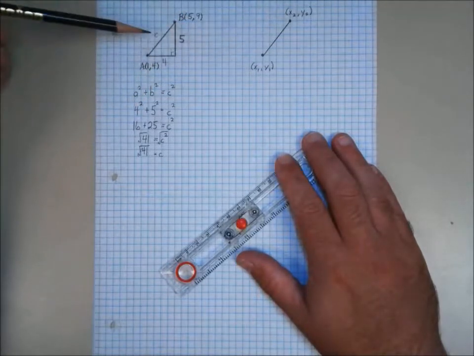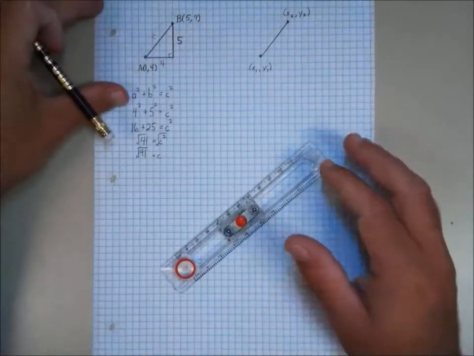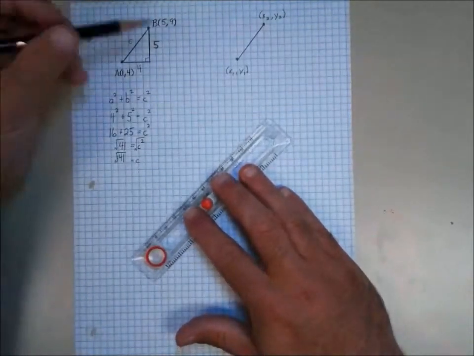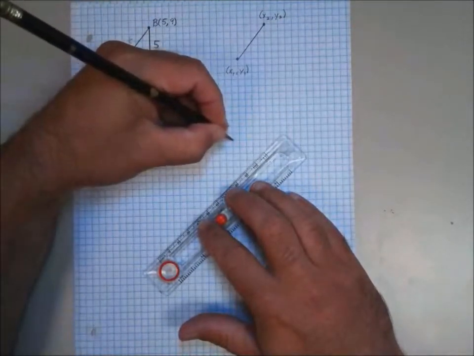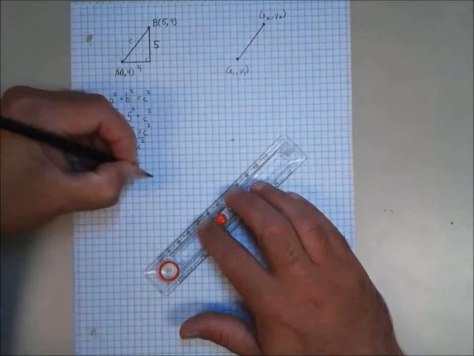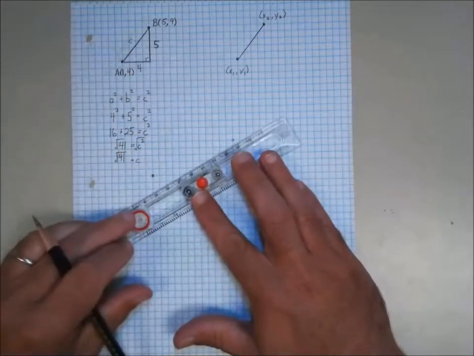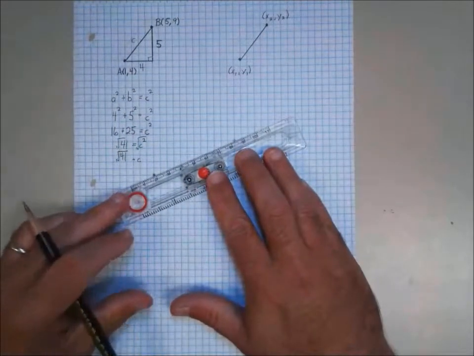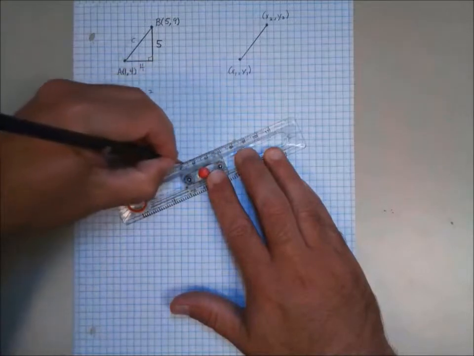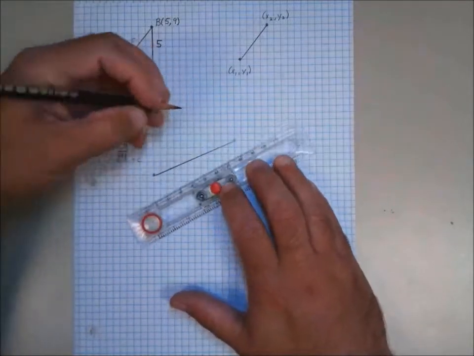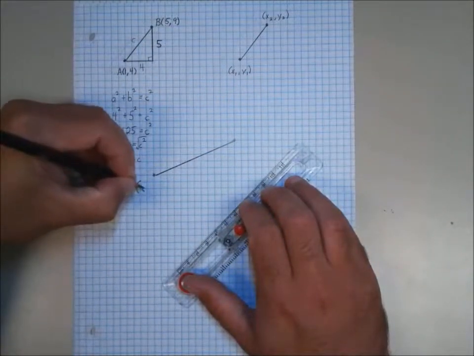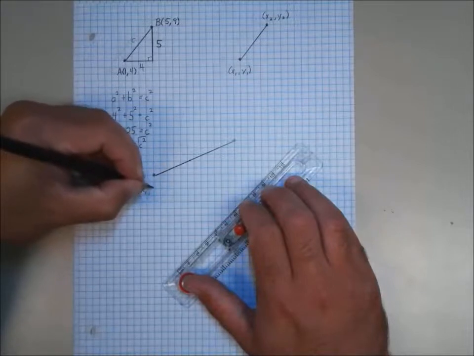Now I made this one exactly the same as this one, but I don't have to. In fact, to make things a little bit easier, I'm just going to pick a point here. I'm going to pick a point here. And I'm going to draw it. And we'll call this (x1, y1).